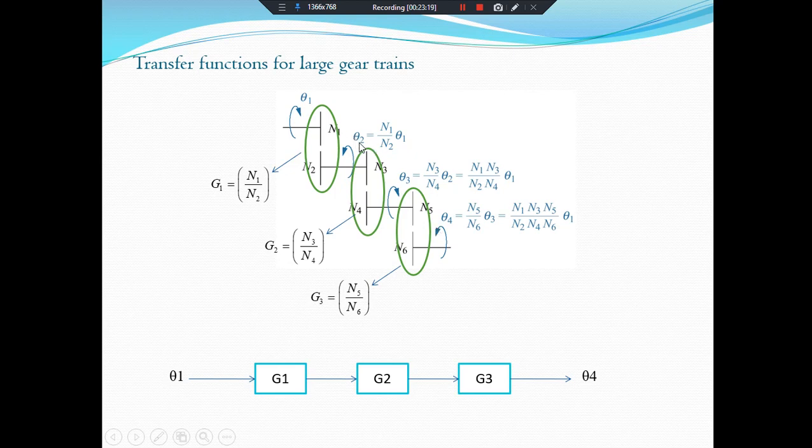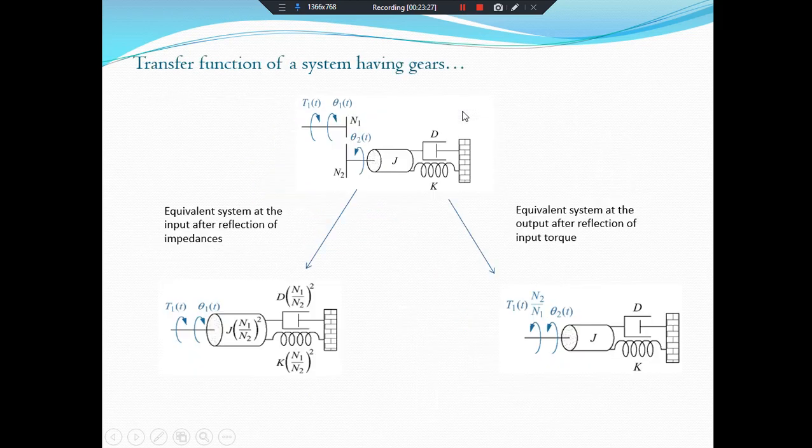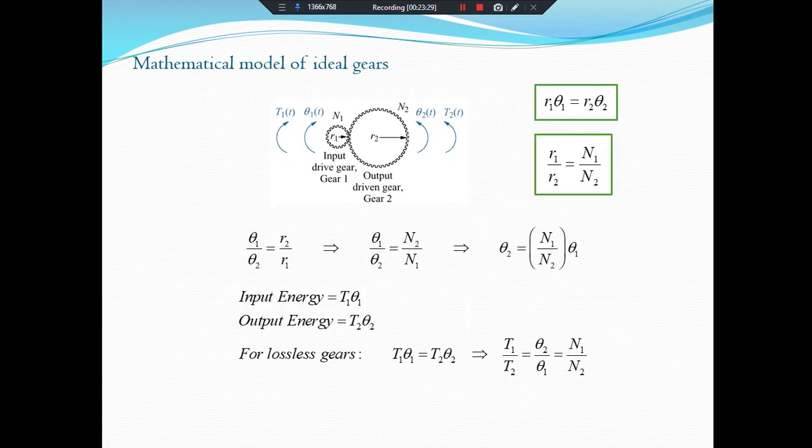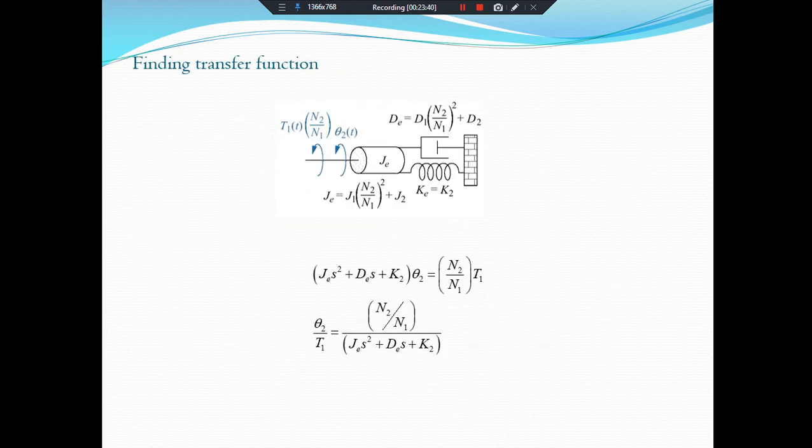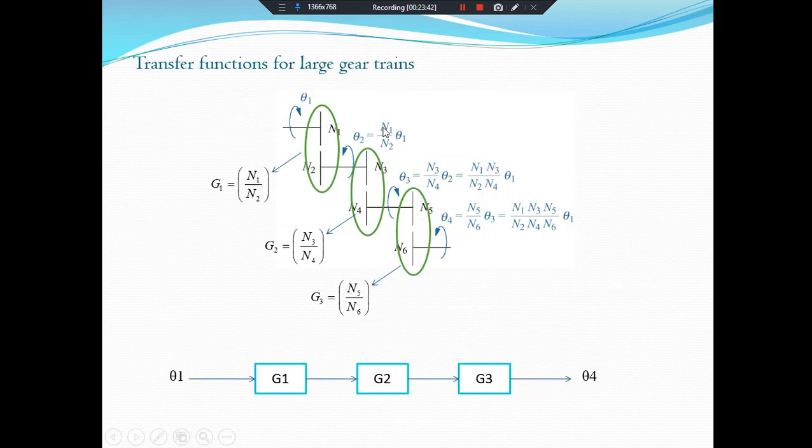What will theta 2 be? As we have written earlier, theta 2 is equal to N1 by N2 into theta 1. Again, I will show you the first slide: theta 1 by theta 2 is equal to N2 by N1, so theta 2 is equal to N1 by N2 into theta 1.